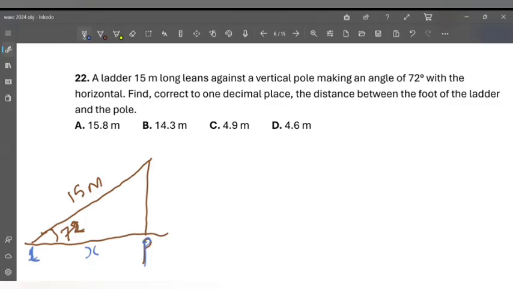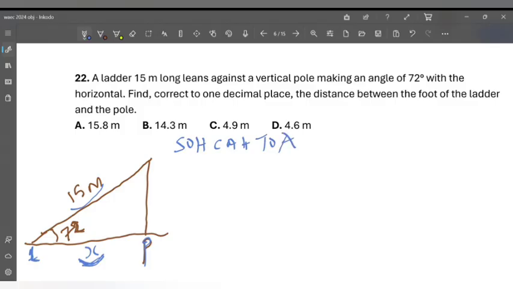So we are going to make use of our knowledge of SOHCAHTOA. If we look at this diagram, you notice that we have the hypotenuse, which is this 15. We also have the angle, and we are looking for the adjacent, which is the distance. Which of those properties from SOHCAHTOA connects adjacent and hypotenuse?